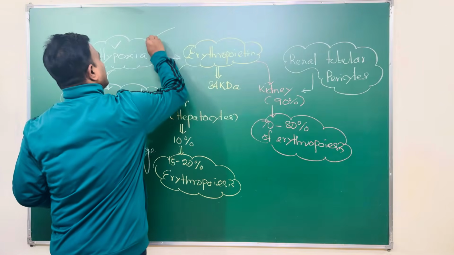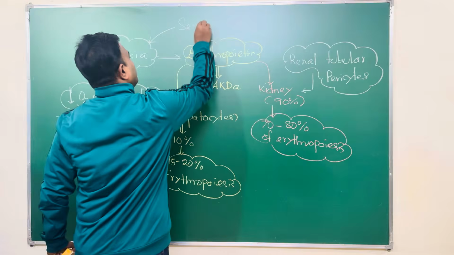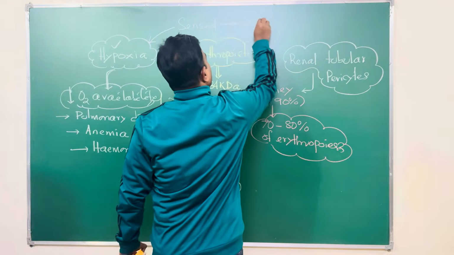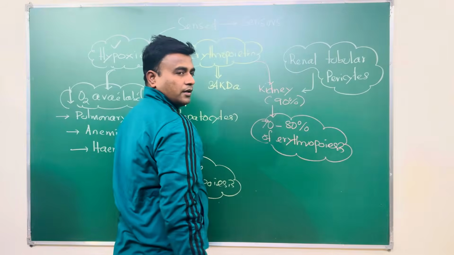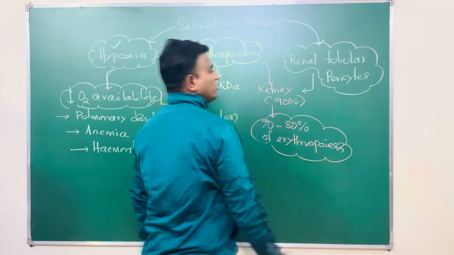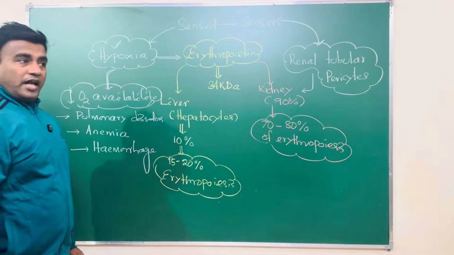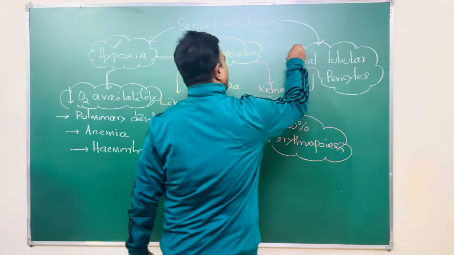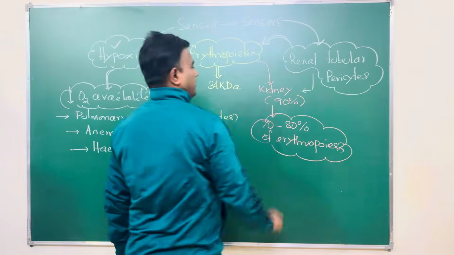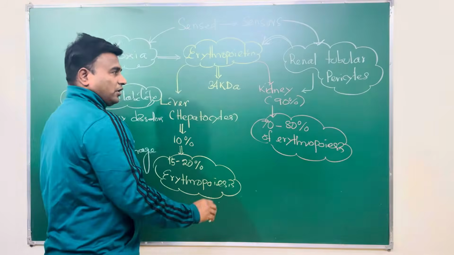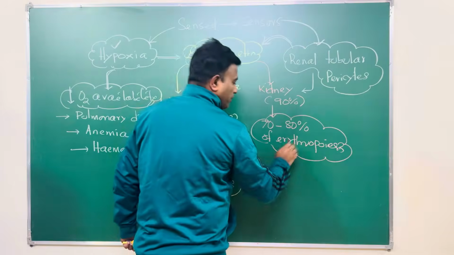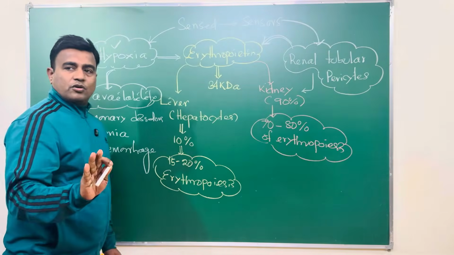This hypoxia is sensed by sensors, and these sensors are present in the renal tubular pericytes. As a consequence, these renal pericytes secrete this erythropoietin. So mostly this erythropoietin which is secreted from the kidney will bring out the process of erythropoiesis.